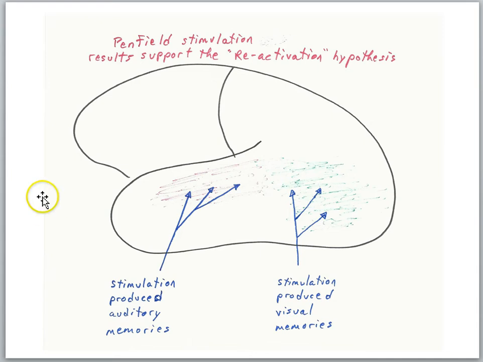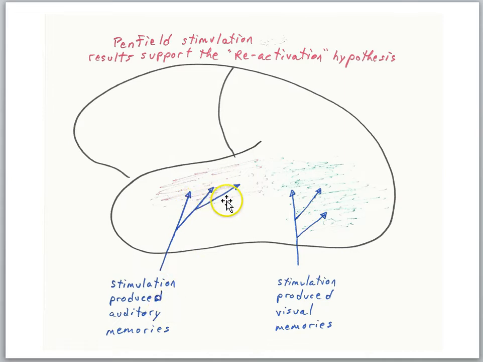There's another line of evidence that gives some support to the reactivation hypothesis. This is the early work of Penfield in his stimulation studies. When he was stimulating visual areas of people who were awake and conscious during brain surgery, stimulation of the visual areas produced visual memories, whereas stimulation of the auditory cortex and surrounding regions produced auditory memories.